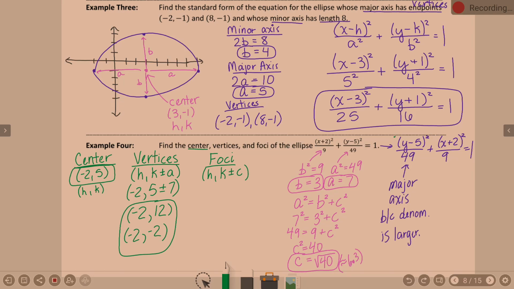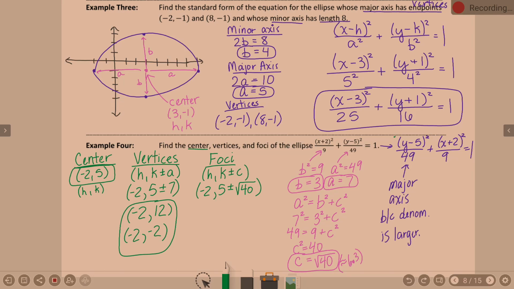Foci, H, comma, K, plus or minus, and I'm going to use the square root of 40. I want to be precise. So my foci are listed currently as -2, comma, 5 plus or minus the square root of 40. As it looks right now, can I actually do that math?